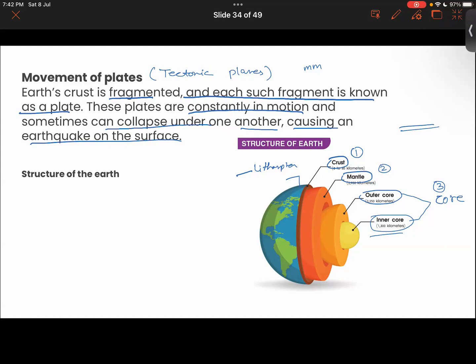Apart from the collision of tectonic plates, the causes of earthquakes can be volcanic activity and underground nuclear tests as well, right? So nuclear tests can also lead to what? Earthquakes, yes, because they are very powerful, right?